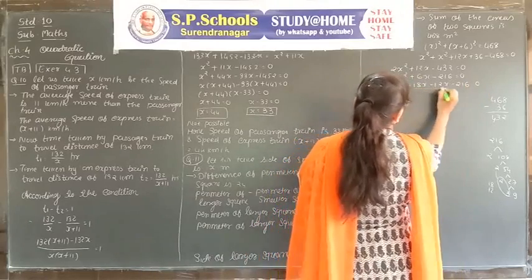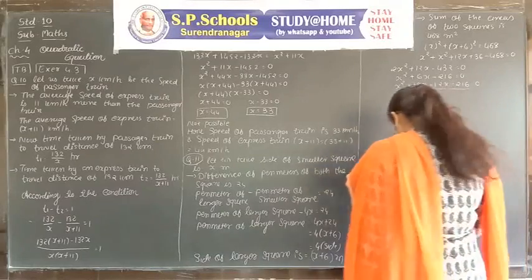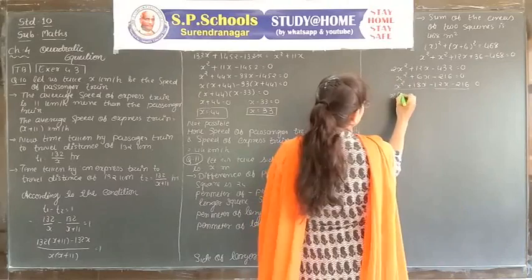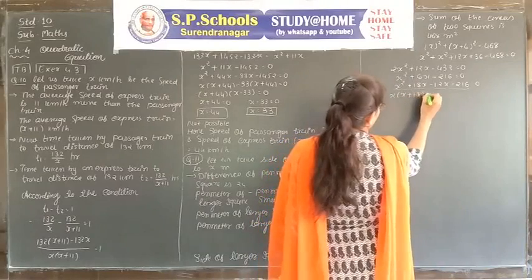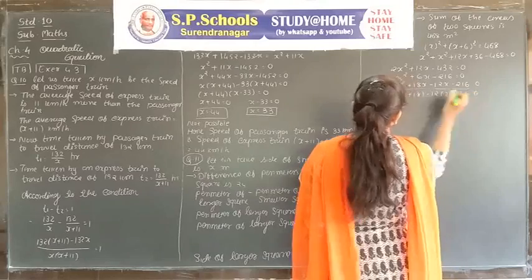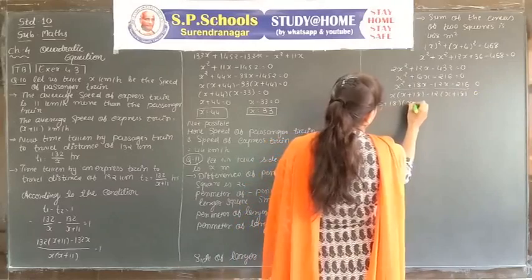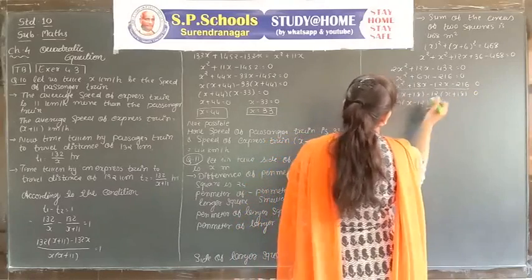Take the pair of first two and the pair of last two to obtain the value of x. X is common, x plus 18 minus 12 is common, x plus 18 is equal to 0. Into the first bracket x plus 18, x minus 12 is equal to 0.